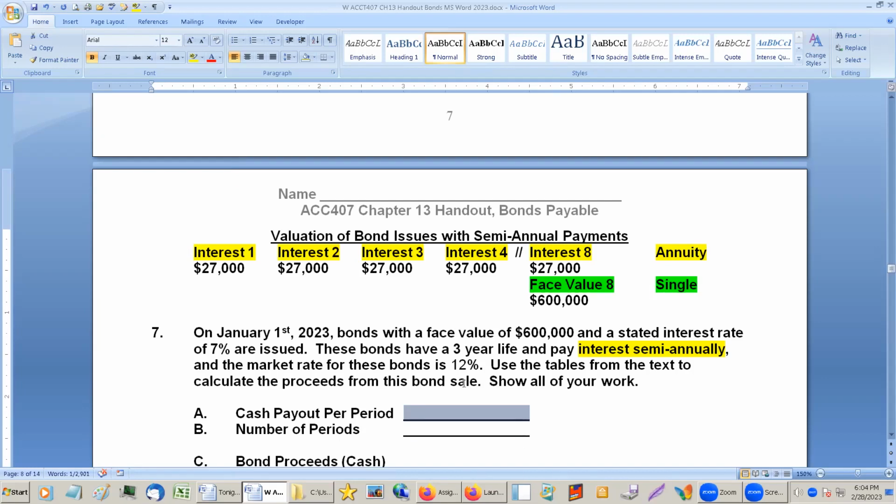So we have 600,000 times 6 divided by 12 equals some number. It's 36,000.